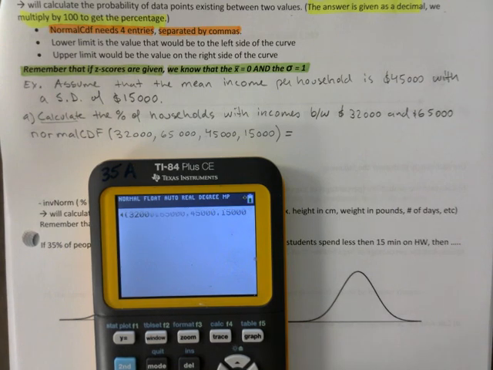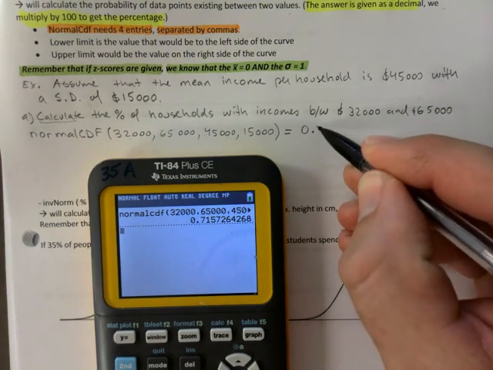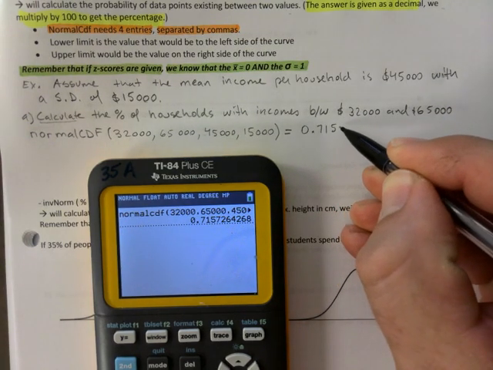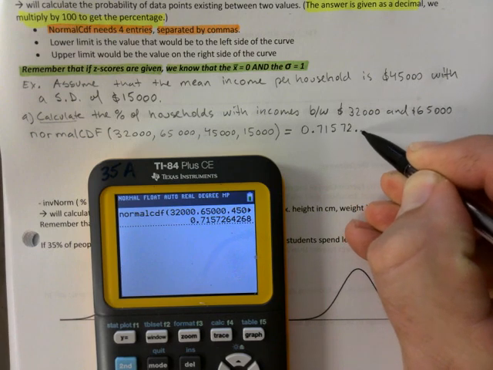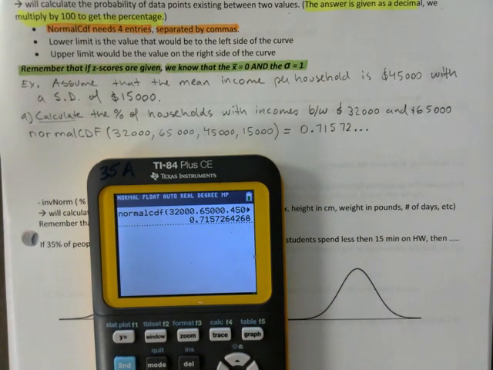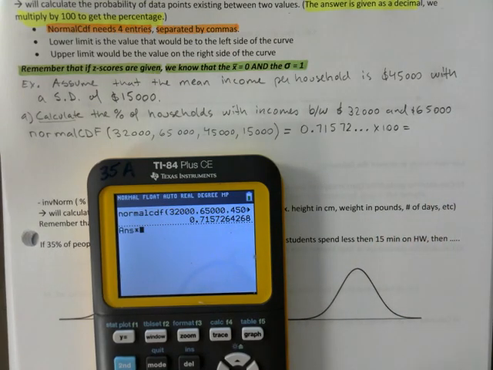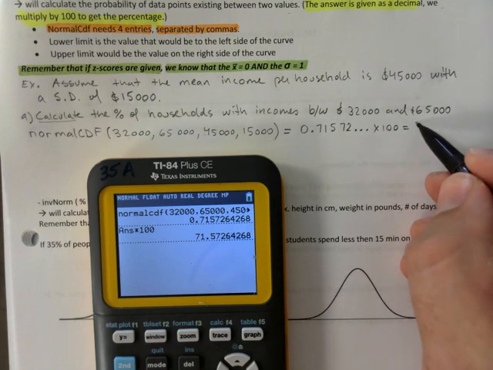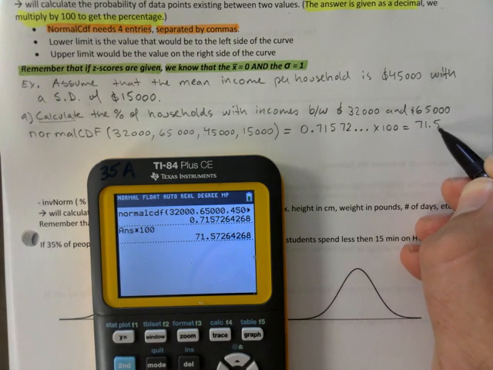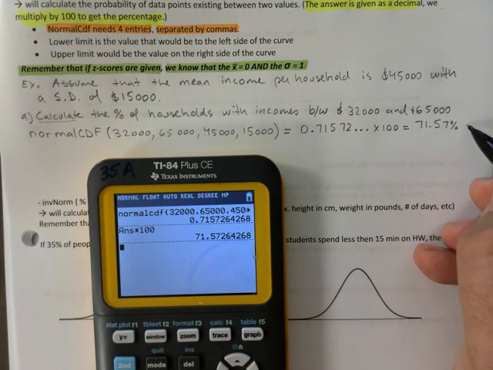Close the bracket. 4 entries right there. Hit enter. And we are told do not round here. That is as a decimal. We're going to go times 100 to get that as a percentage. So you just shift the decimal or just multiply it by 100 on your calculator. 71.57% of households.